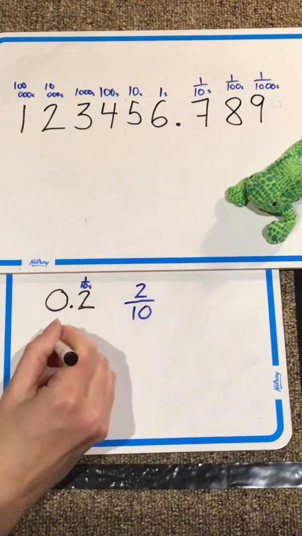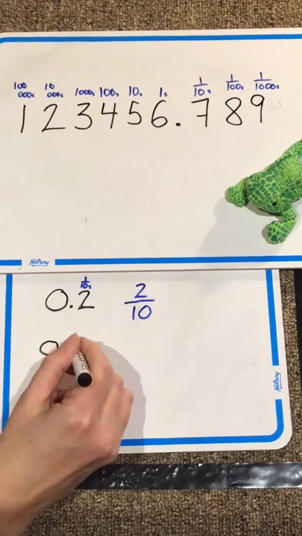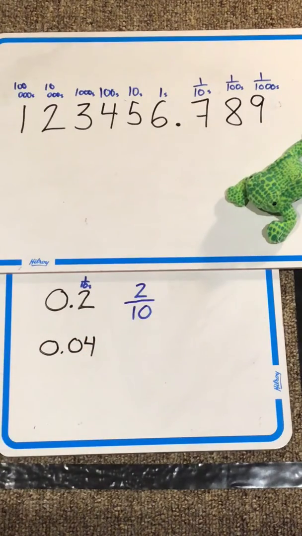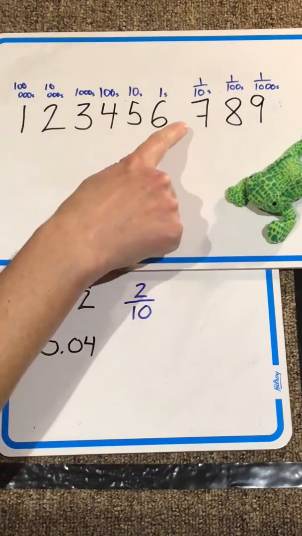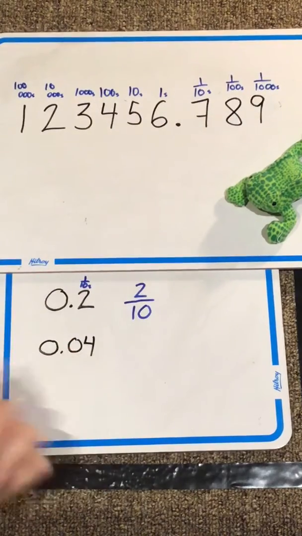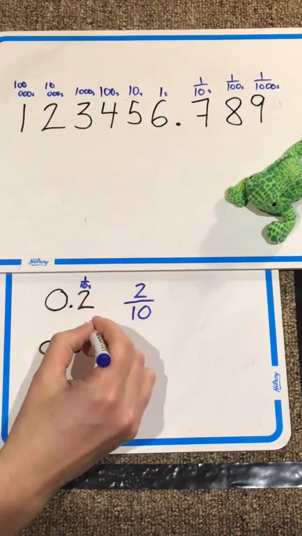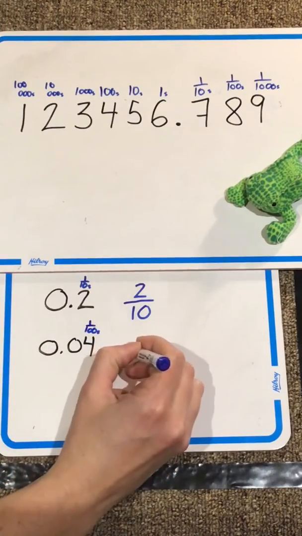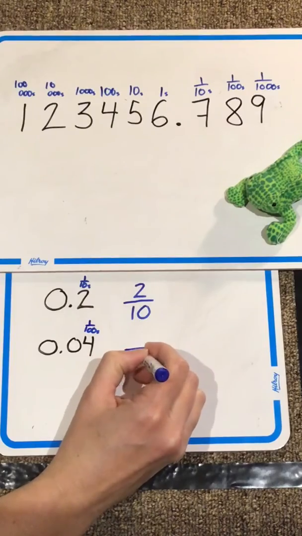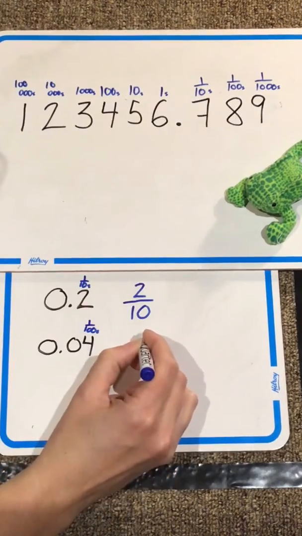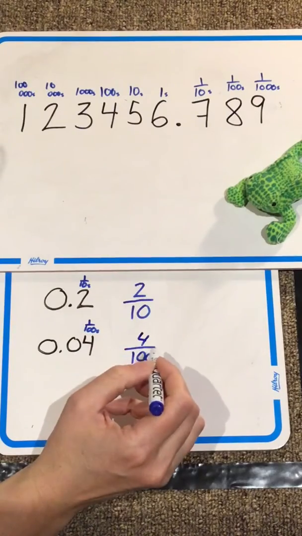If I have 0.04 as my decimal, I can look up here, okay, tenths, 100ths. So now the 4 is in the 100ths spot. So I know the bottom of my fraction is going to be 100, and the top of my fraction is going to be 4.